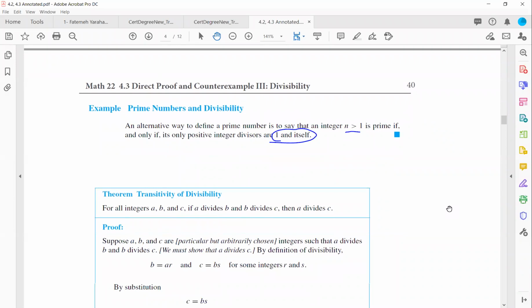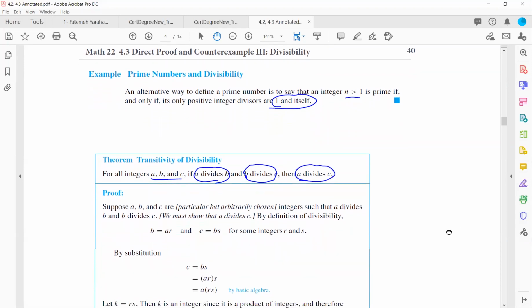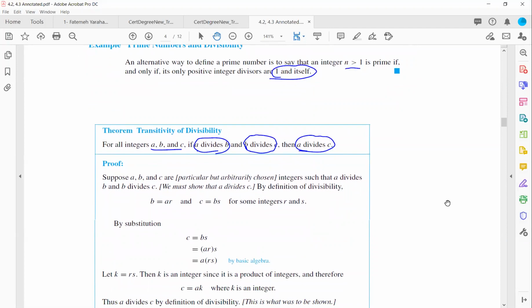Let us take a look at one theorem, transitivity of divisibility. Suppose you have integers a, b, and c. If a divides b, a is a factor of b, and b divides c, b is a factor of c, then you can conclude that a is a factor of c. We can prove this theorem using the direct definition. Since a divides b, it means that b can be written as a times an integer like r.